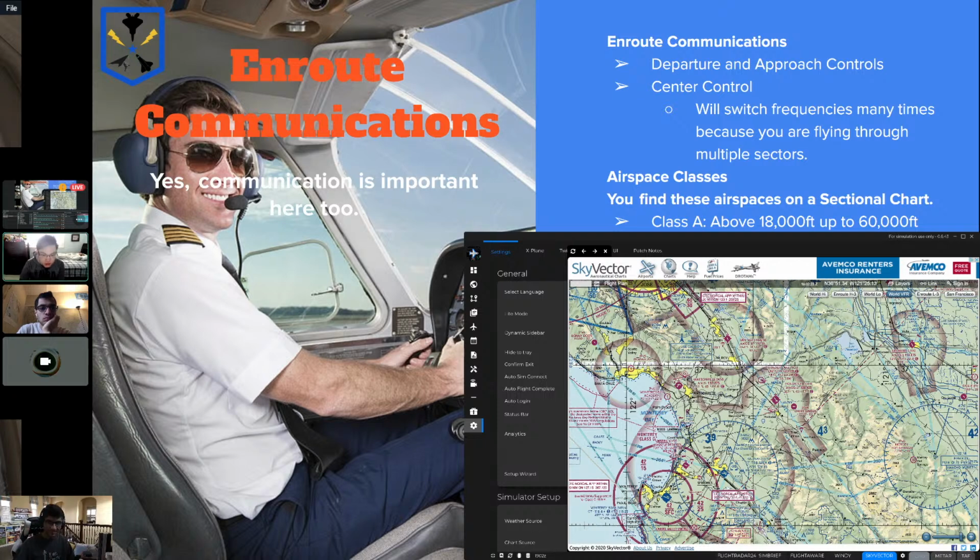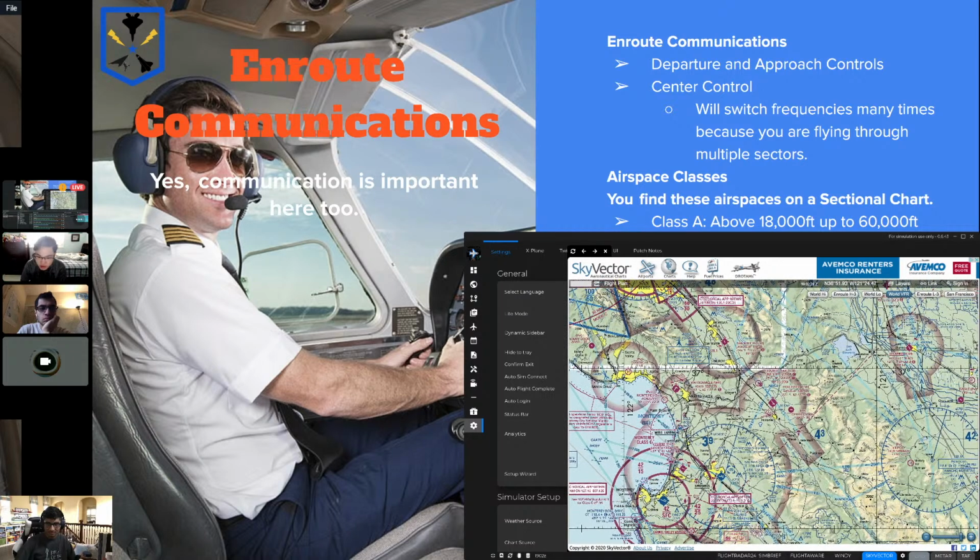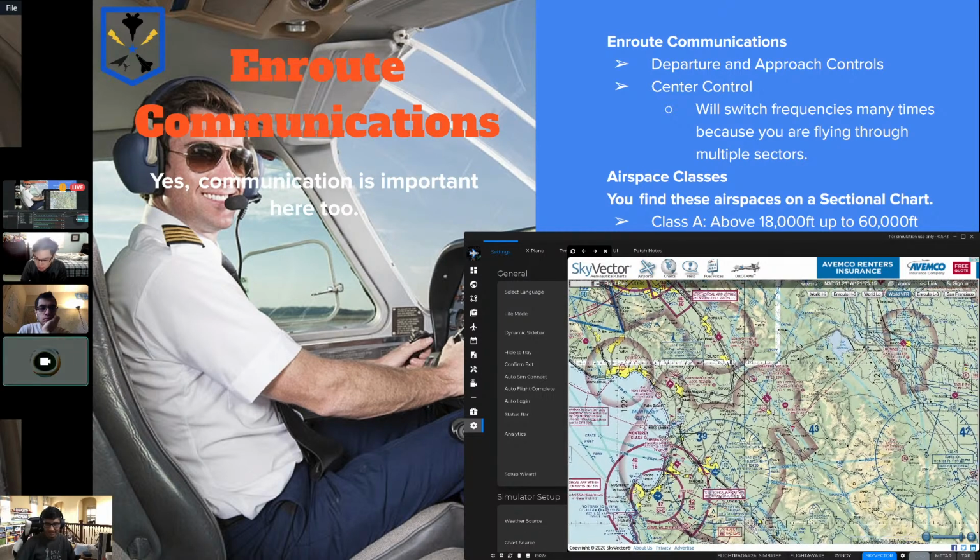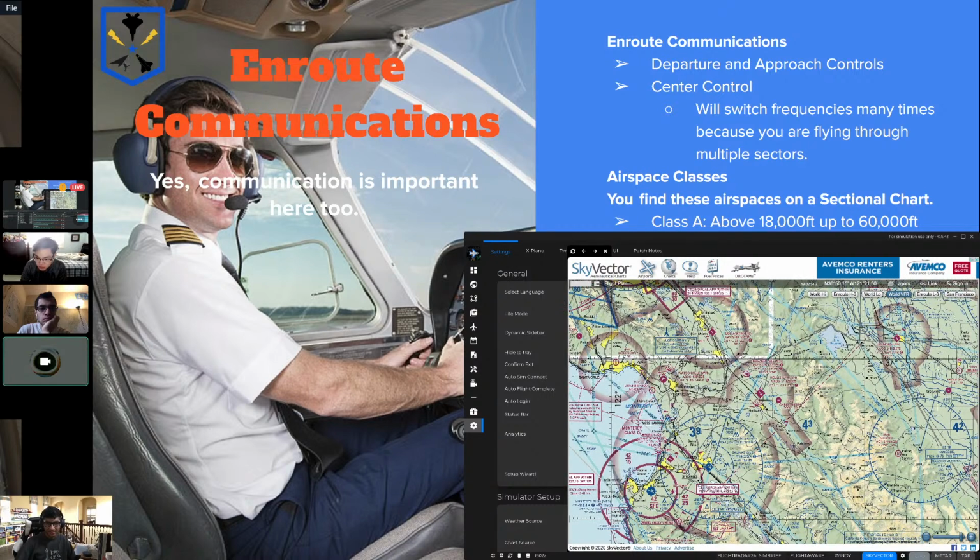Now it gets more complicated. I'll try to keep it as simple as possible, but inside the faded lines, Class Echo starts at 700 feet. Outside, it starts at 1200. Class Echo is basically everywhere.